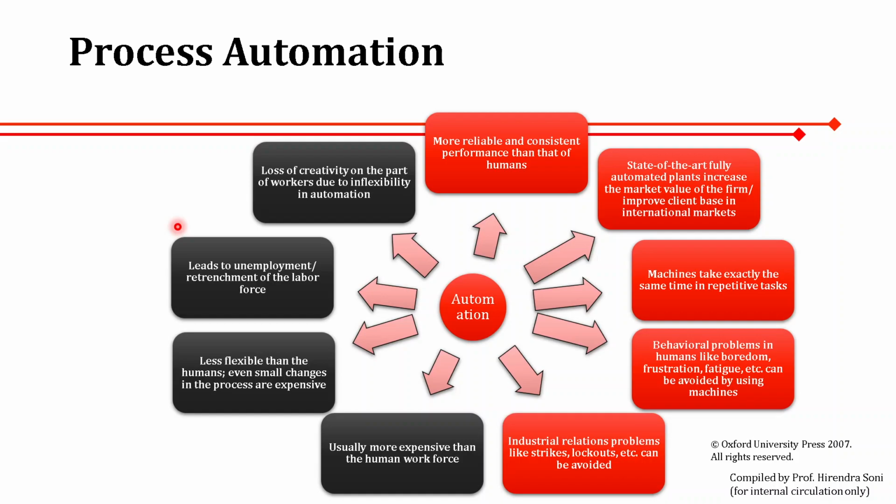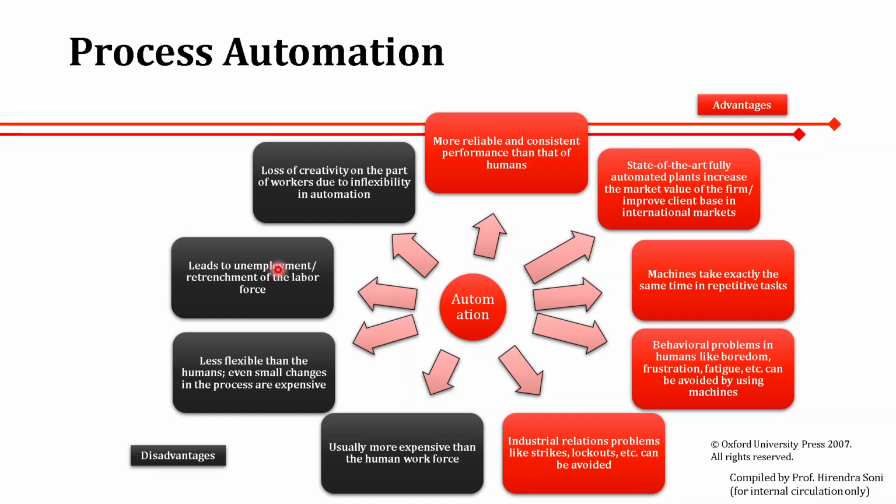Okay, so automation can provide you with certain advantages, but at the same time certain disadvantages will also come. Automated processes will be more reliable and consistent in terms of their performance than humans. But the negative side is unemployment. Some of the people will face retrenchment.